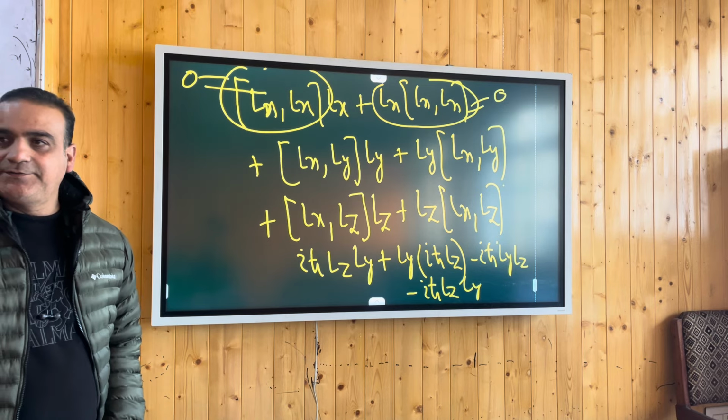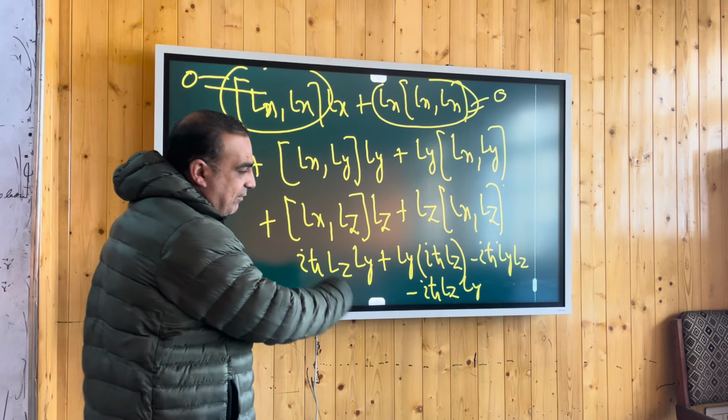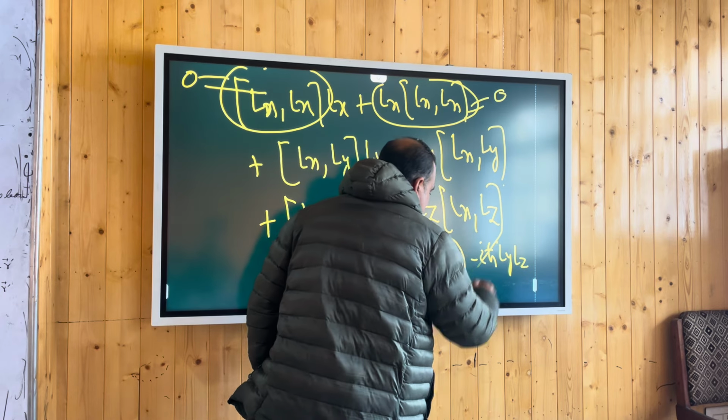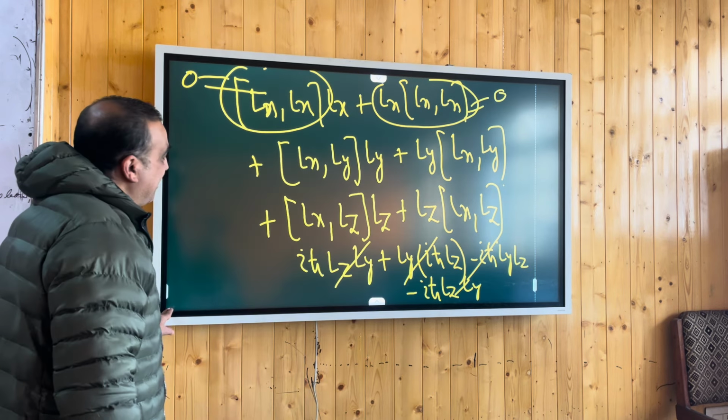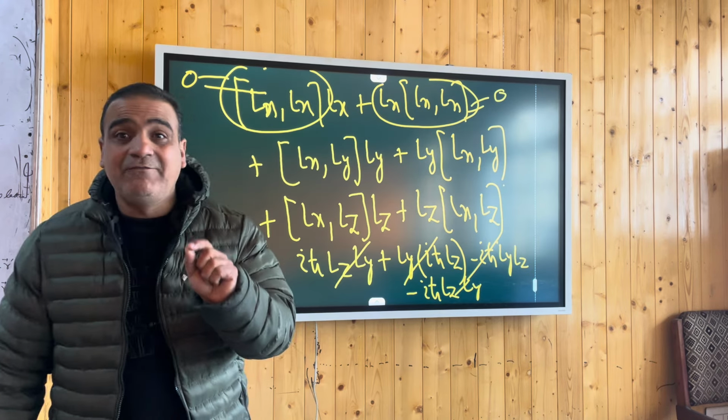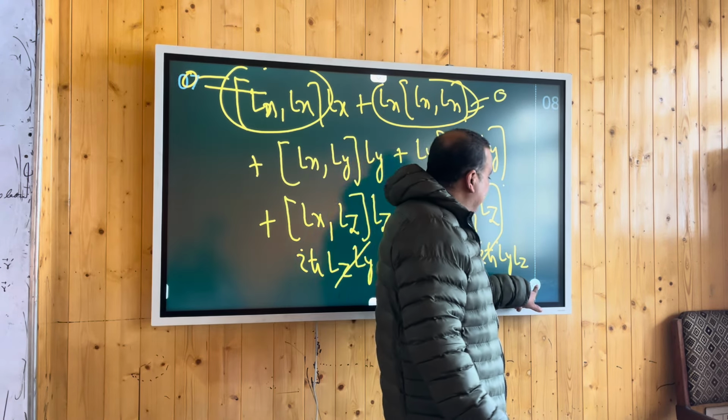I think you have done it. There will be cancellations, all of these terms will cancel. It means that the x component of the angular momentum commutes with L squared. So this is how we calculate it.